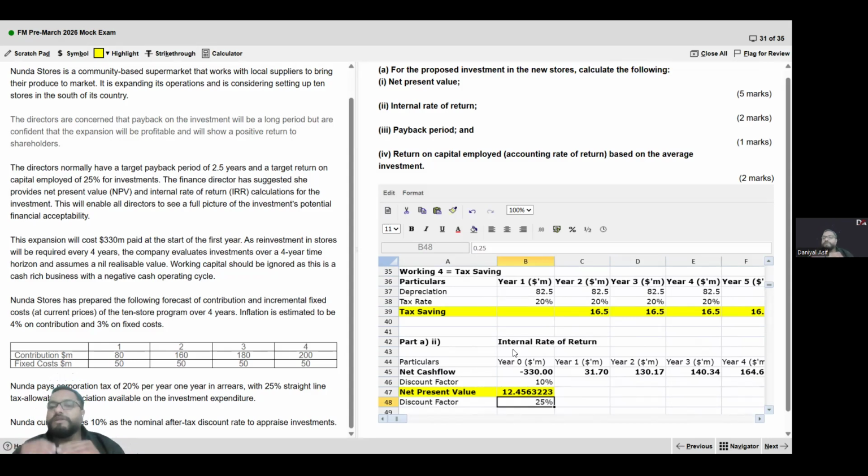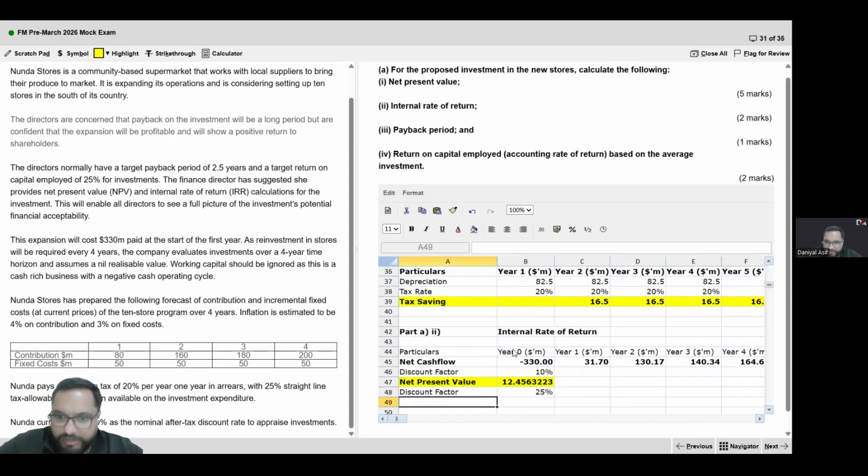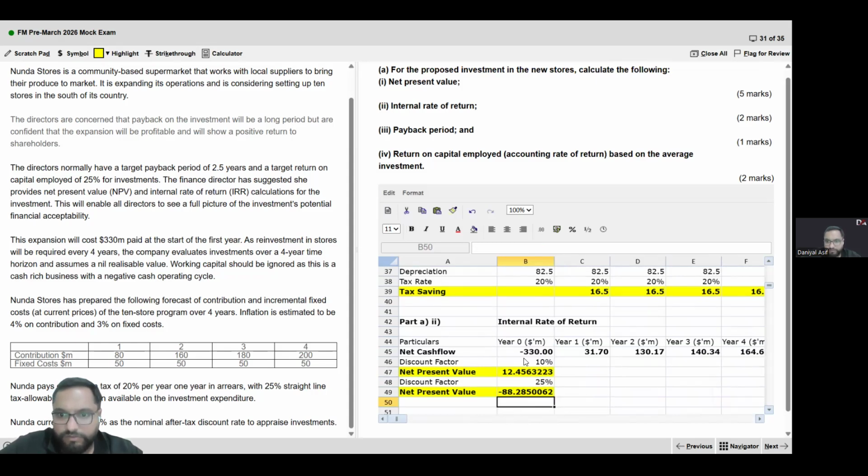This means that when your discount factor goes up, your NPV goes down. So you need a negative NPV so that you can apply it in the IRR formula. So now is equals to NPV bracket open, this is your discount rate, these are your cash flows from year one to year five, plus year zero.